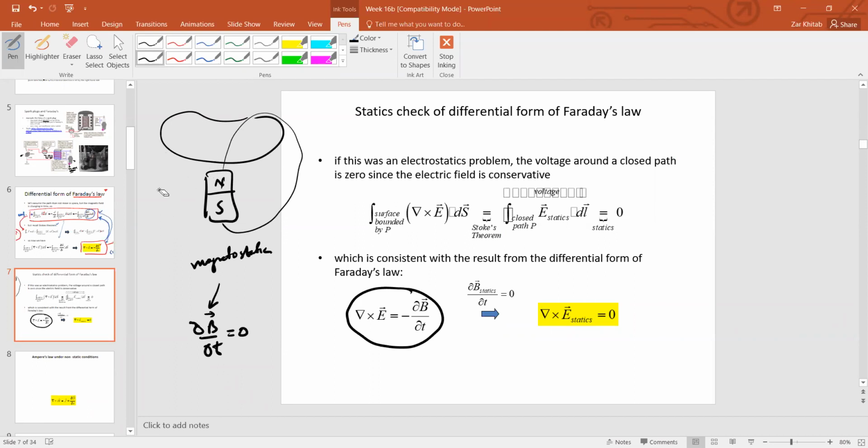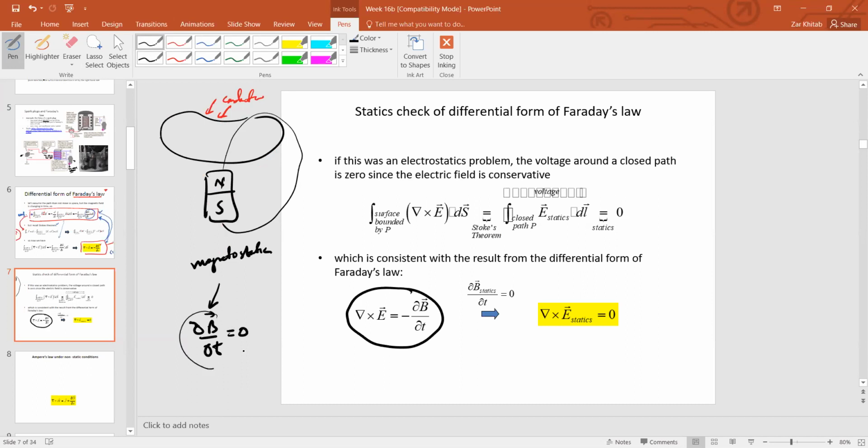If you are not moving the magnet, it will induce nothing in this wire, in this conductor. If the magnetic field is not moving, it will induce nothing. But if you start moving up and down, it will cause induction in this conductor. So that's the Faraday's law.